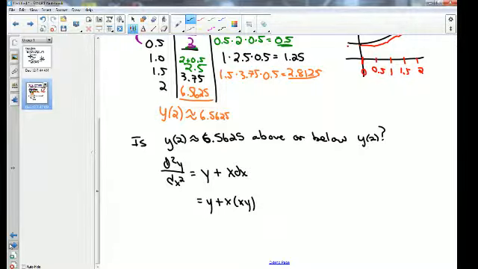If I plug these numbers in, is it positive or negative? It's positive, right? So we're concave up. So the approximation is below y at 2, correct?